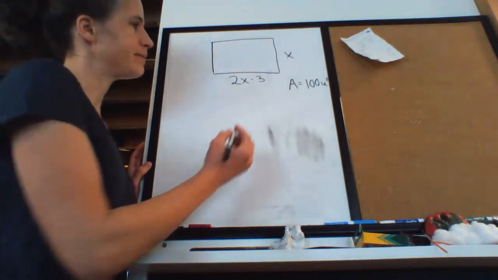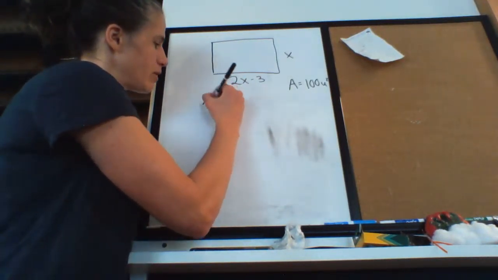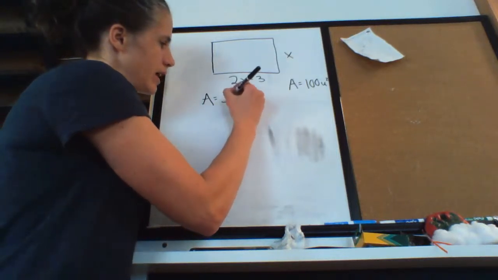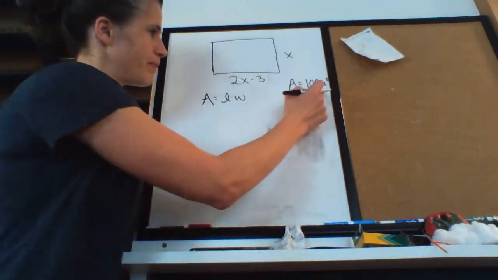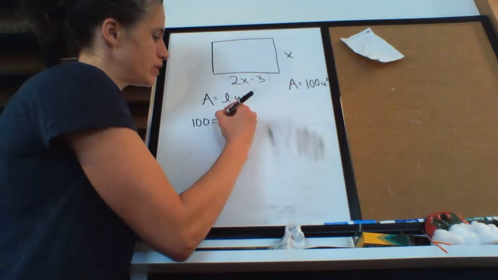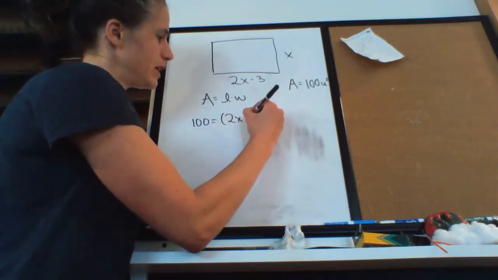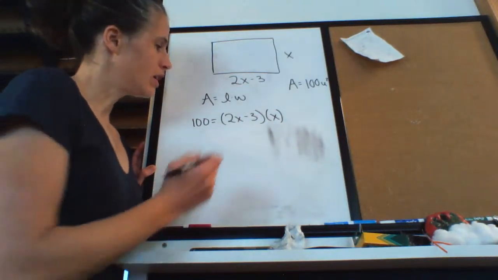So to do that, I know area of a rectangle is length times width. So area equals length times width. So I'm going to plug in what I know. I know the area is 100, so 100 equals 2x minus 3 times x, okay?